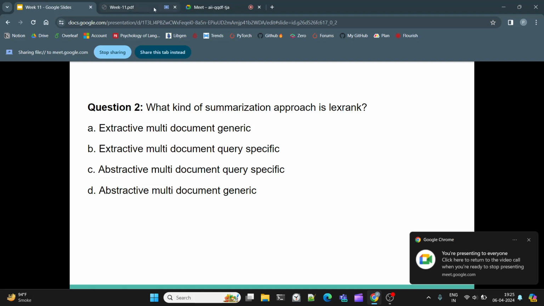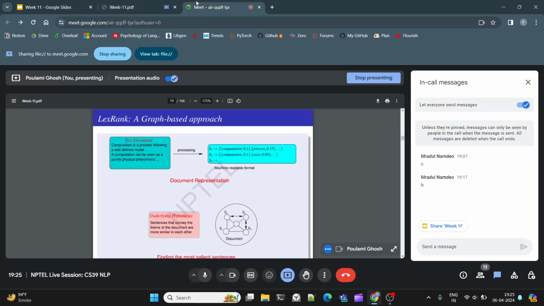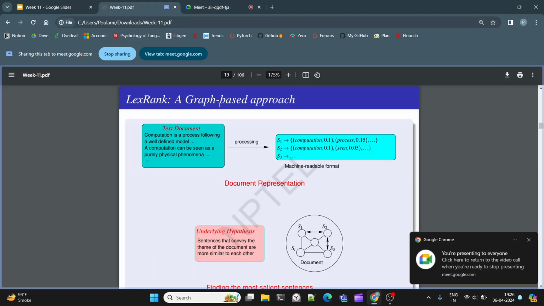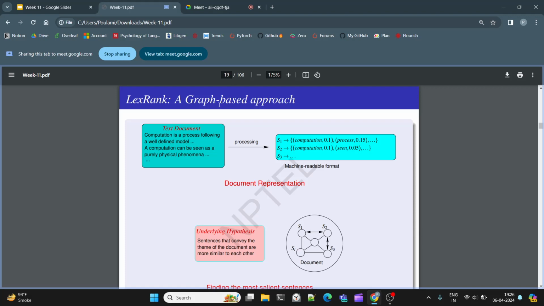Ma'am, one more thing. I just want to clear one more time. It is said to be generic because it is for multiple sentences, for all kinds of queries. Here there is no query, no user-specific information.